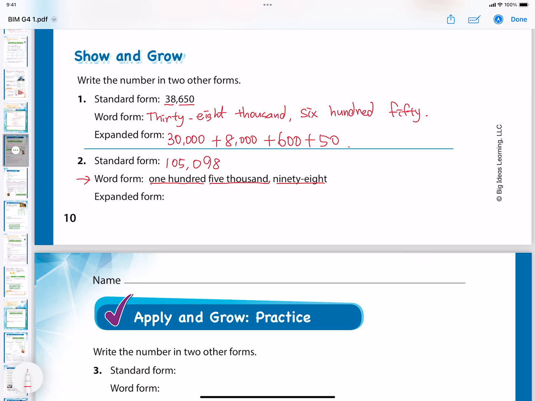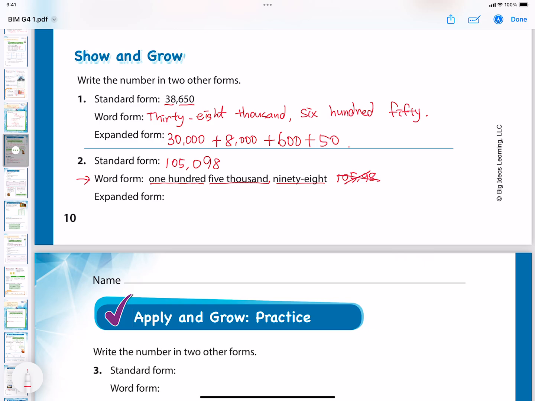Many times you are making this mistake, which is like this: 105,000. You did good. And 98. And this is wrong, guys. Remember, you have to have each place, which is what? Hundreds, tens, and ones in each period, ones period and thousands period.